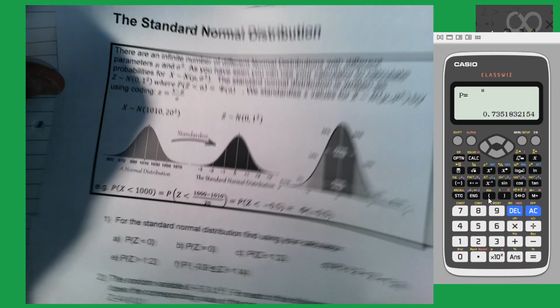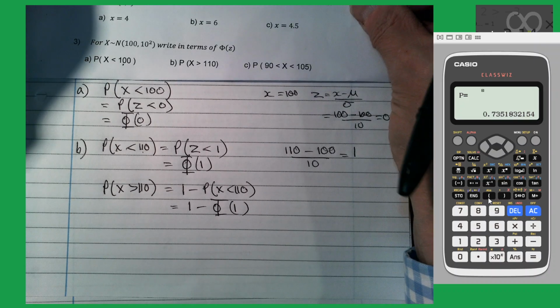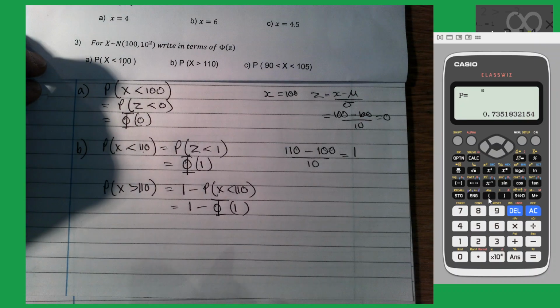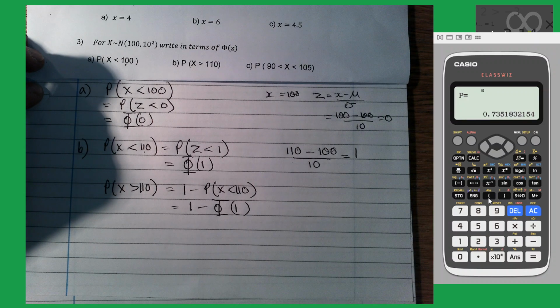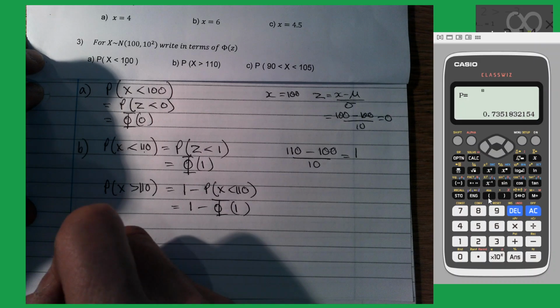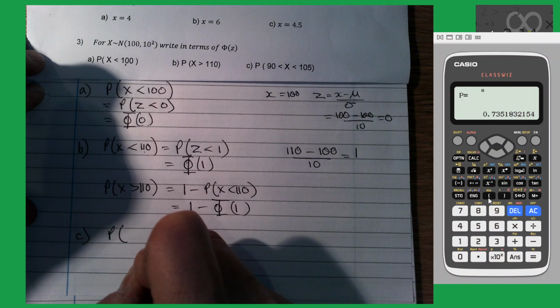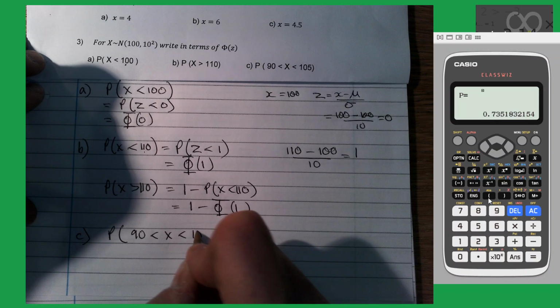Okay, let's just see if we can fit the last question in there on this page. So we are now going to find the probability that x is between 90 and 105. So C, you see that x greater than 90, less than 105.